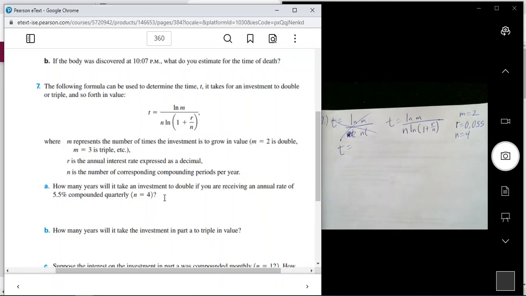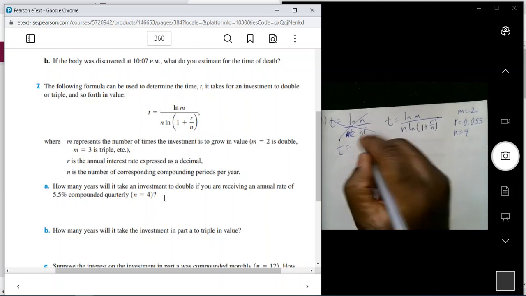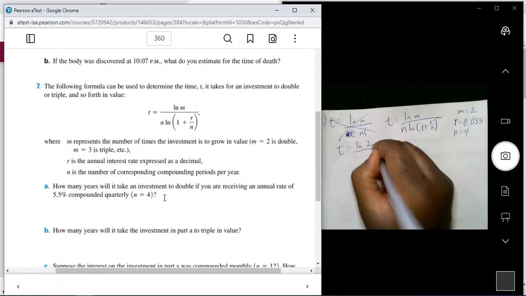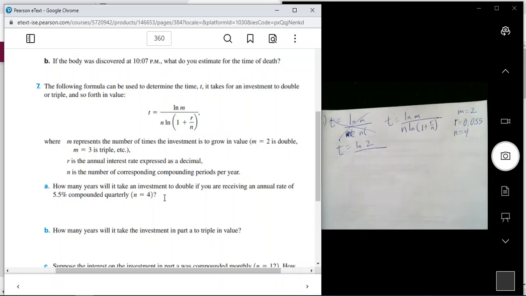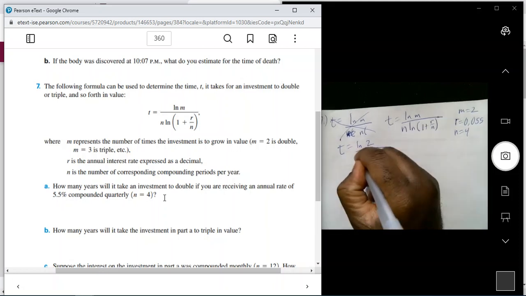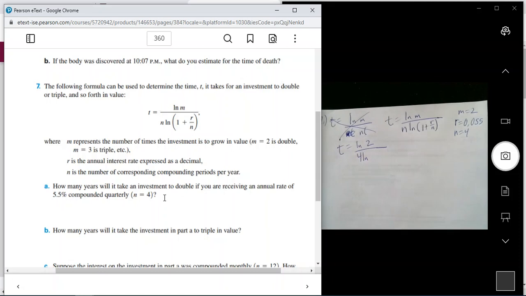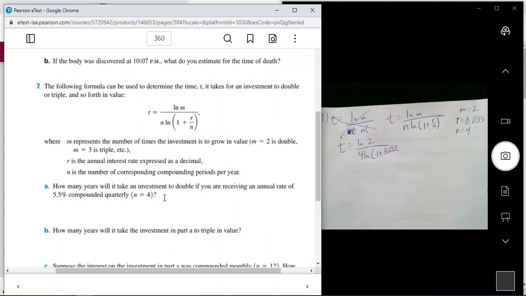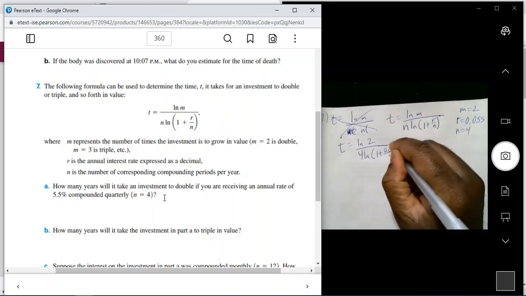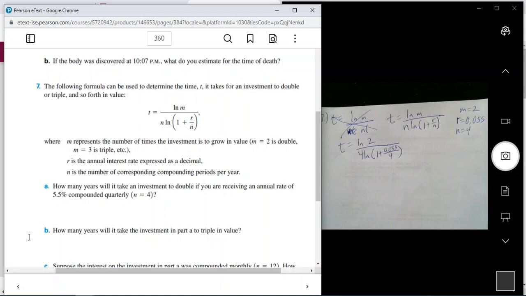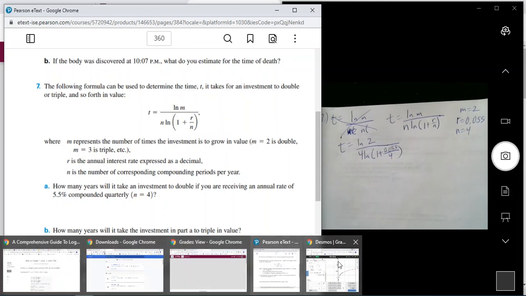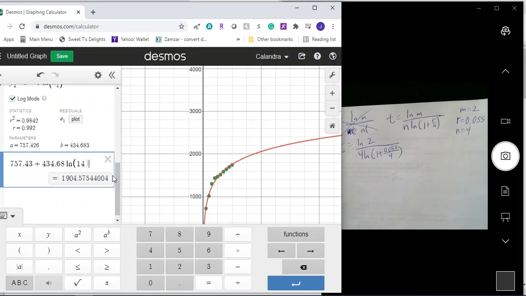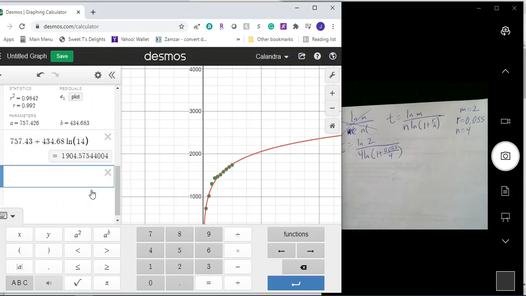So we have T is equal to the natural log of 2, because that replaces M. Then the denominator is N, which is 4, times the natural log of 1 plus the rate, 0.055, divided by N, which is 4. So now we could just put this right here in our calculator. Pull up the Desmos. And we could type that in.